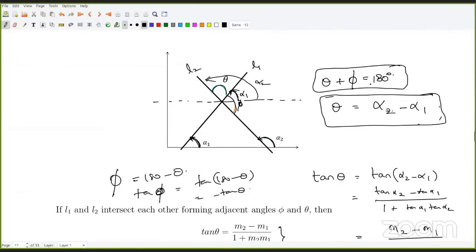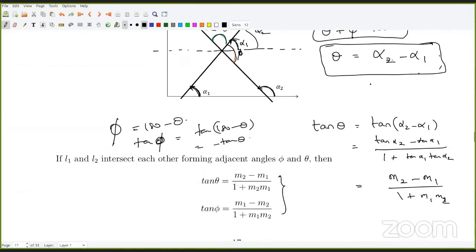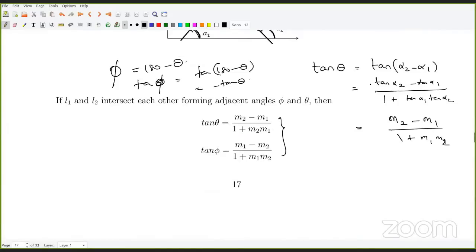You can take whichever you want. But then the answer would vary, right? See, it's not always m2 minus m1. It is the bigger inclination slope minus the smaller inclination slope. We will discuss that problem.